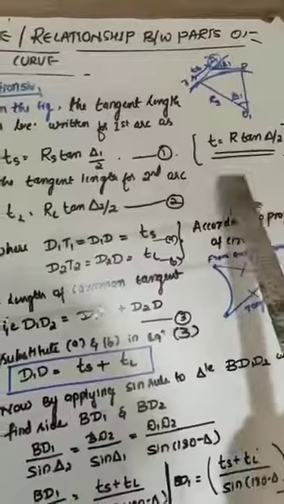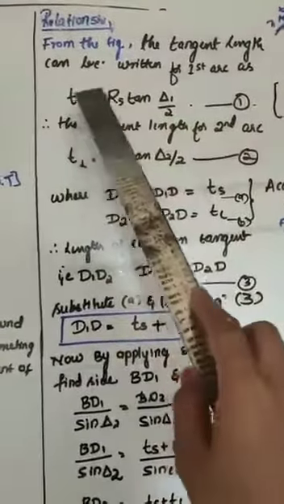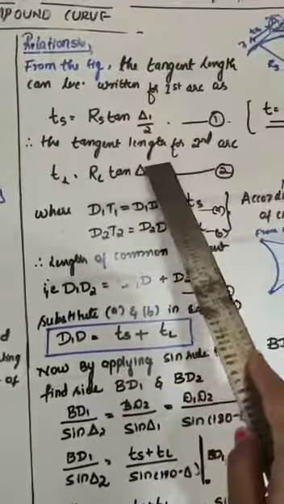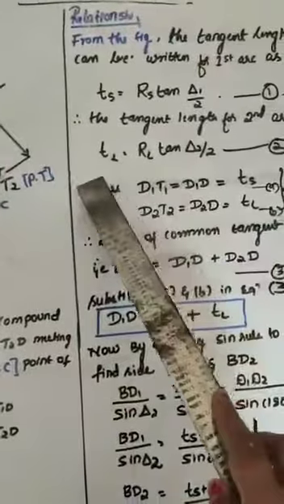So you can write this tangent length formula for the first arc as Ts is equal to Rs into tan delta 1 by 2. In a similar way you can write it for the second arc also.